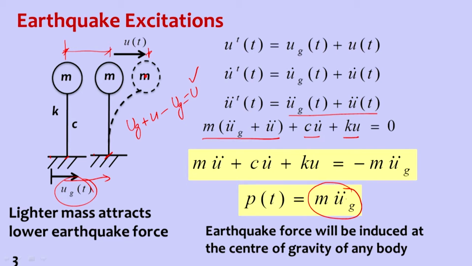U double dot g is the main component, which is the earthquake excitation itself, and mass is the component which may increase or decrease. If mass is higher, force is higher; if mass is lower, force is lower.